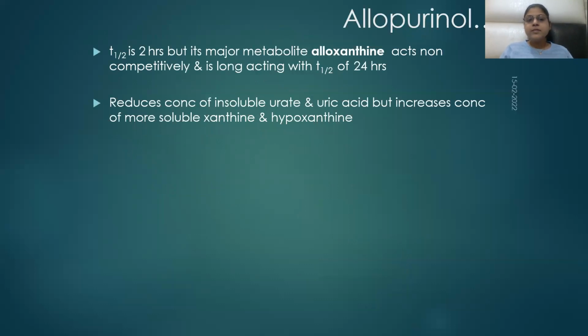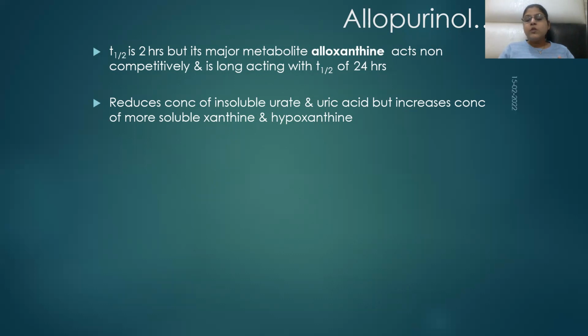Allopurinol's half-life is 2 hours, but its major metabolite is alloxanthine, which acts non-competitively and is long-acting with a half-life of 24 hours. Alloxanthine is a non-competitive inhibitor of xanthine oxidase, and it acts for a period of 24 hours.